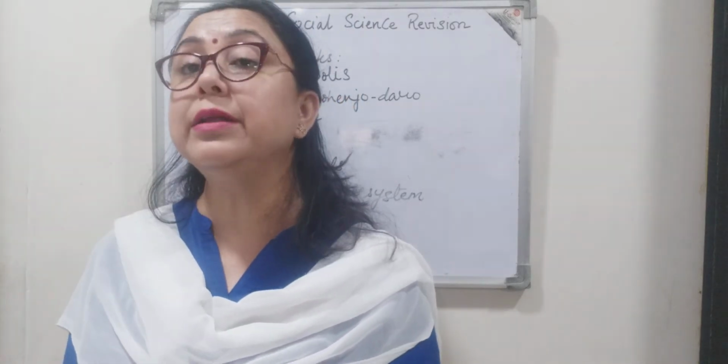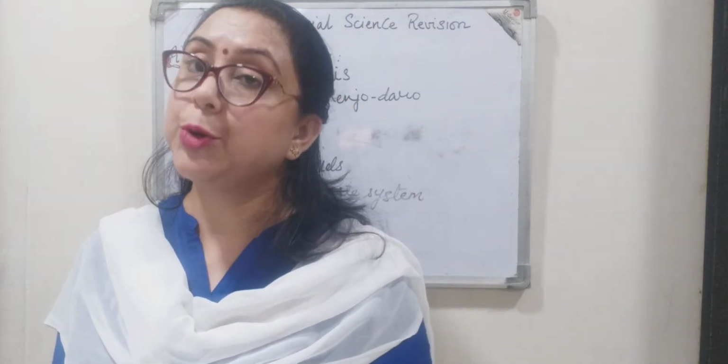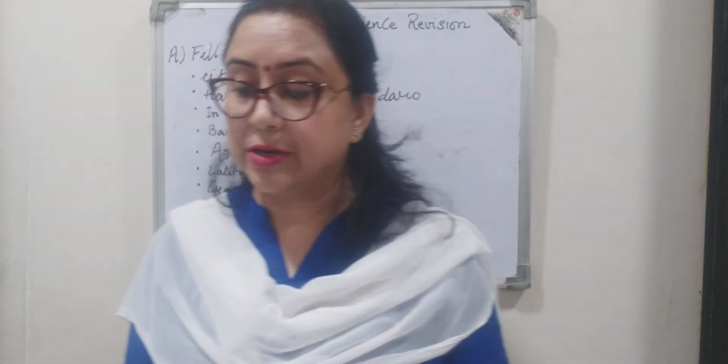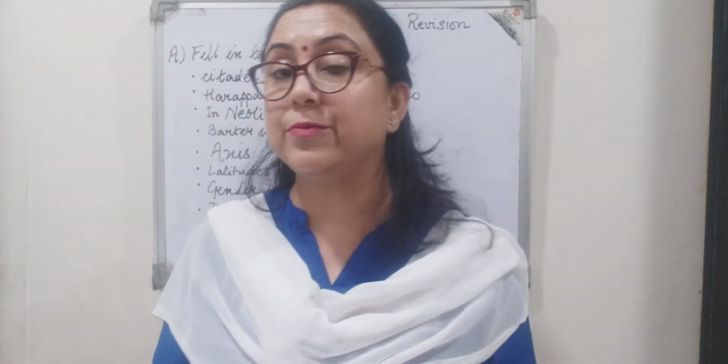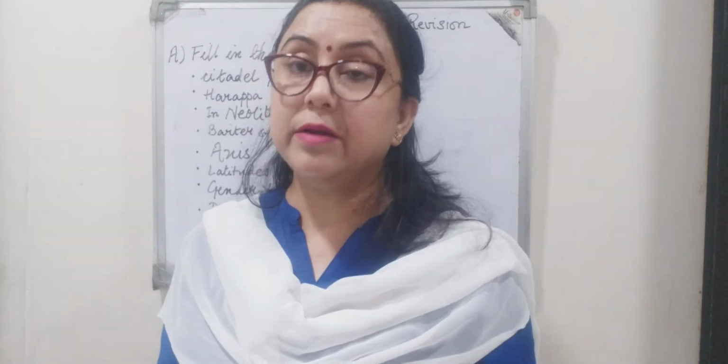So a complete detail has been given on page number 224. Apart from this, please watch the video which has been posted earlier prior to this video, where a complete explanation has been given on the anti-apartheid movement.